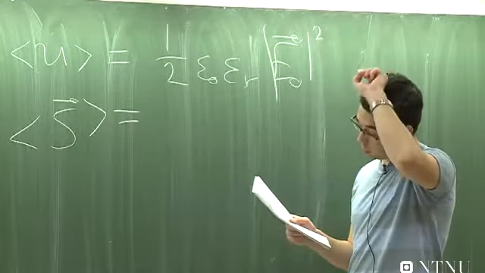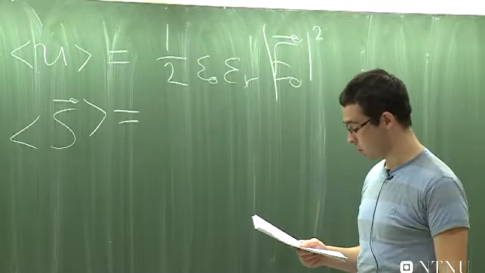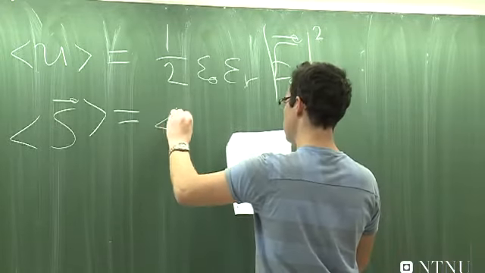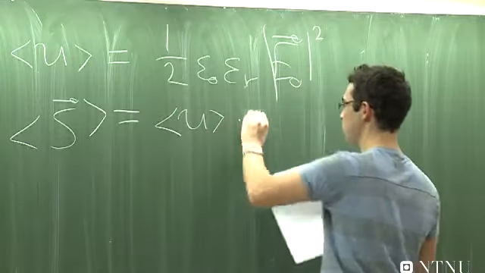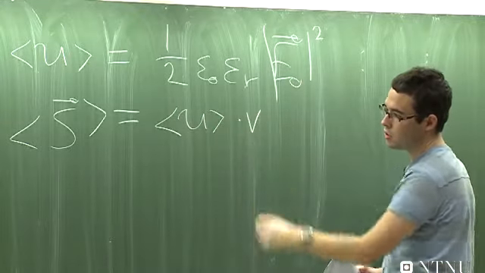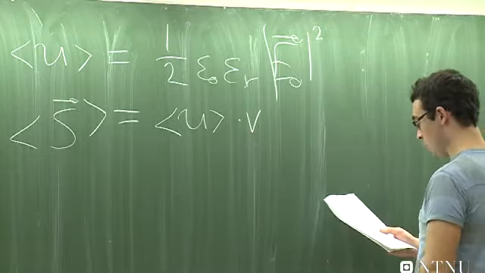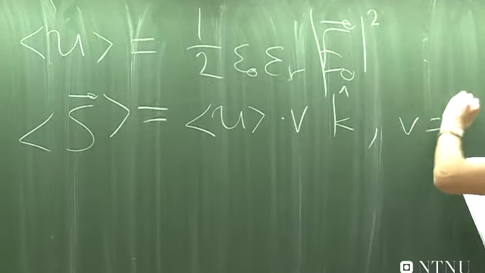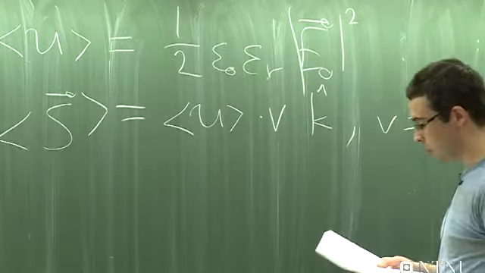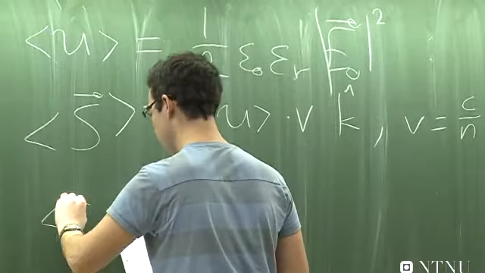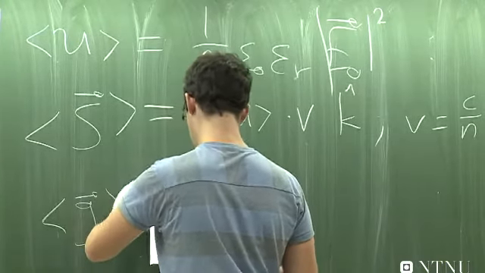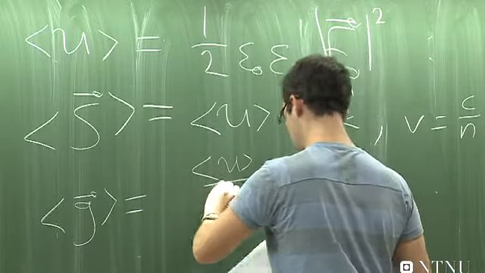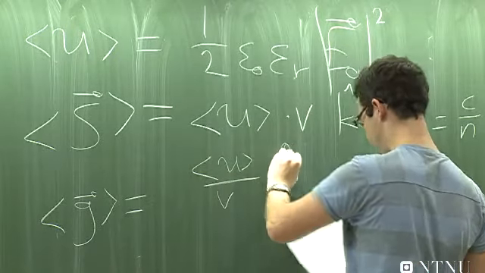We recall that S is equal to E cross H, but that was equal to U times the velocity. So now it's U times V, where V is just C over N. The momentum density is now just U over V times K hat.